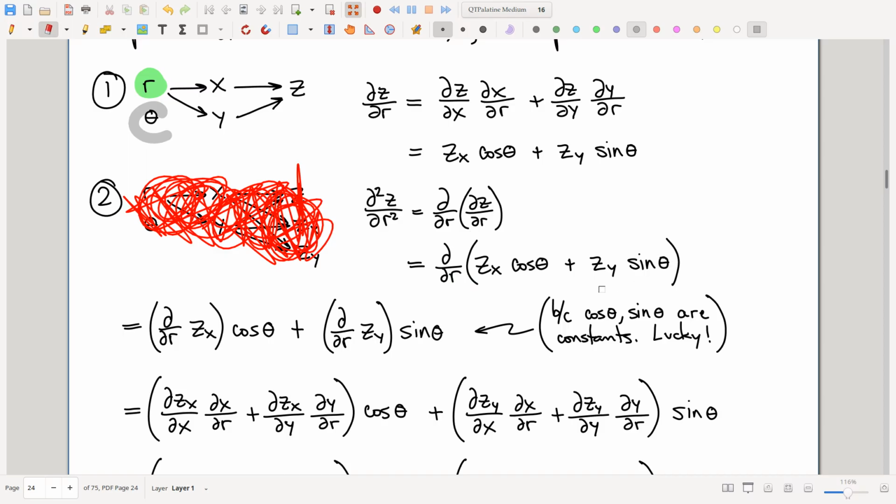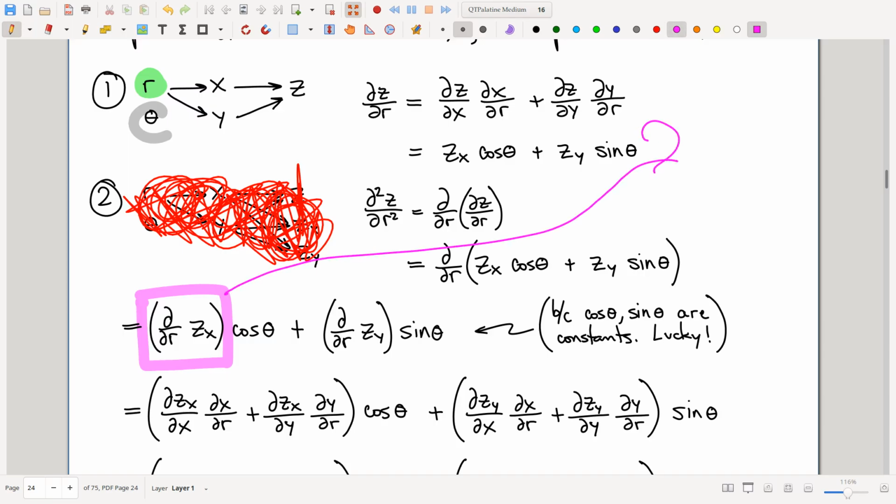Now, we find ourselves looking at this. Partial of z_x with respect to r. Let's look at our diagram up here. I don't see z_x. You'd be tempted to look at this thing, and I'm going to put a question mark here.